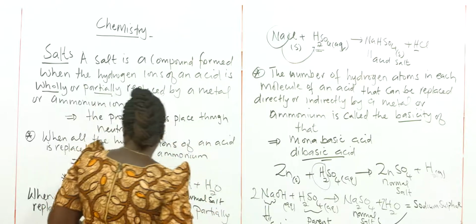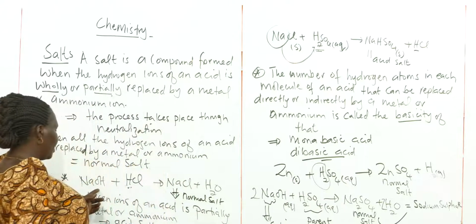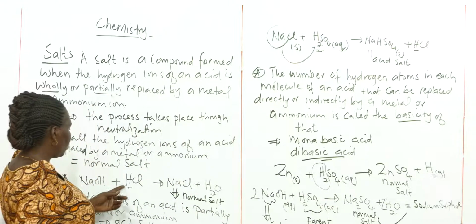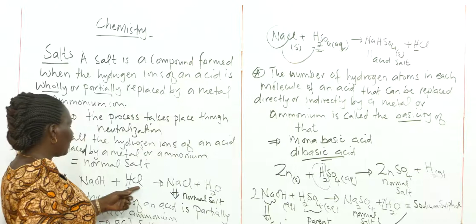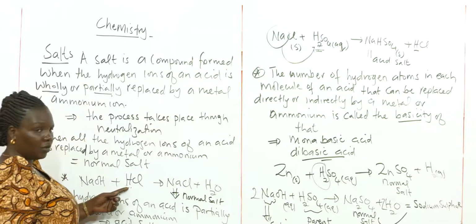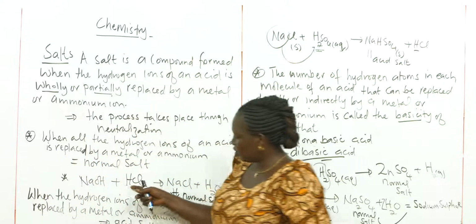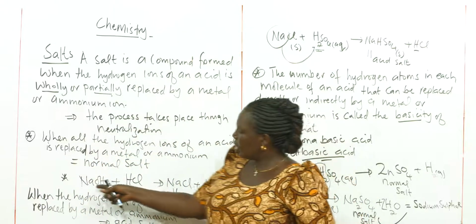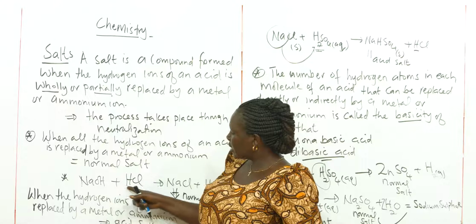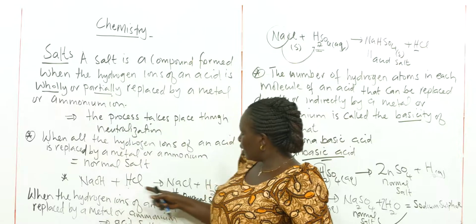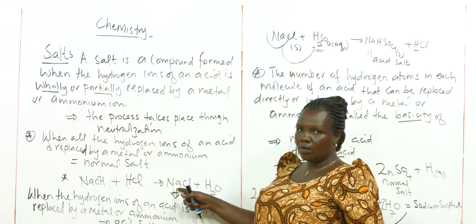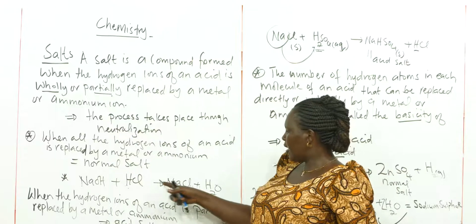Like we have sodium hydroxide plus hydrochloric acid. So the parent acid here is hydrochloric acid. Sodium will replace this hydrogen from hydrochloric acid. Then we have sodium chloride.